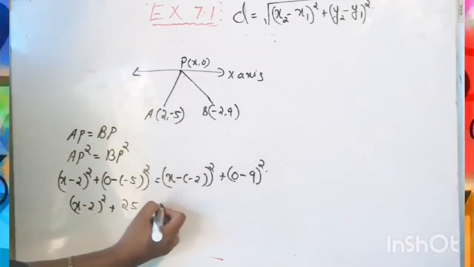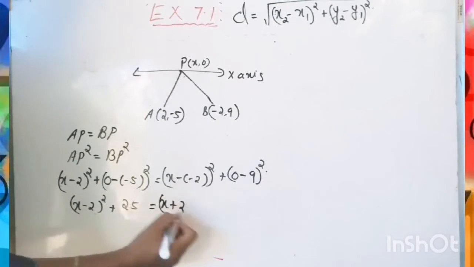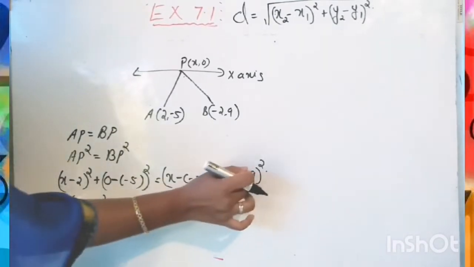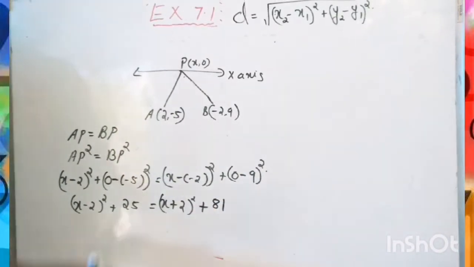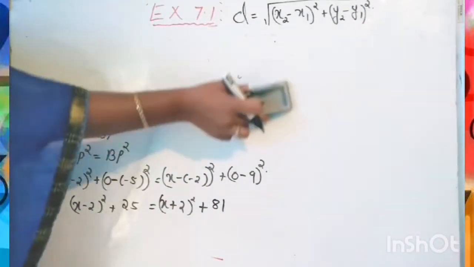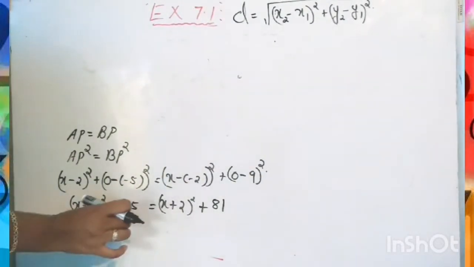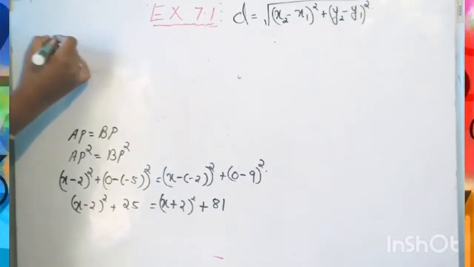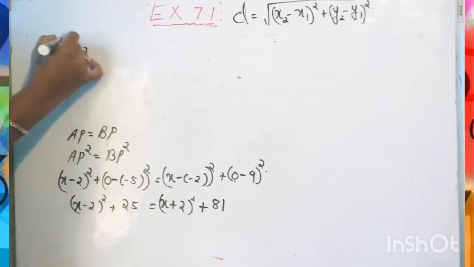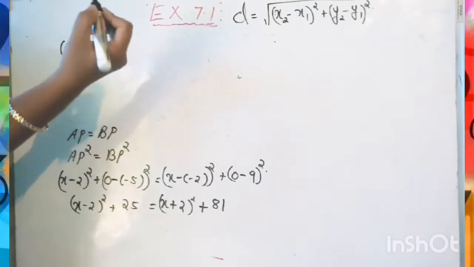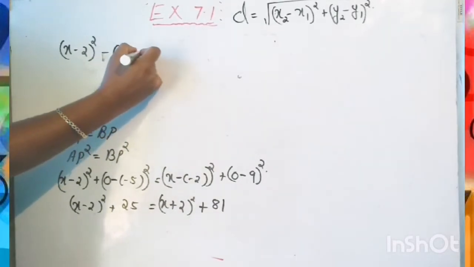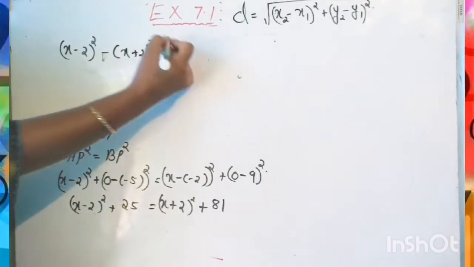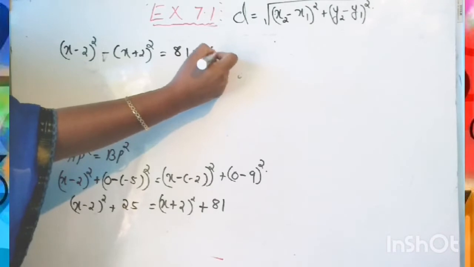Minus minus become plus. So x plus 2 all square plus minus 9 square, that is 81. Now take that x plus 2 all square into LHS and 25 into RHS. That is x minus 2 all square minus x plus 2 all square is equal to 81 minus 25.